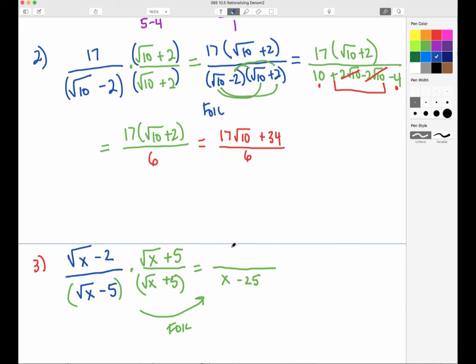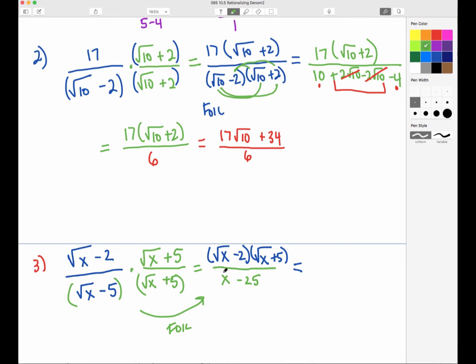Now the numerator is a little different because it's a minus 2 and a plus 5. I could foil the denominator really easily because it was minus 5 and plus 5, but when you have different numbers, let's go ahead and write this out a little bit slower. Square root of x minus 2 times the square root of x plus 5. So I'm still going to foil, I just have to go a little bit slower and look at each term.